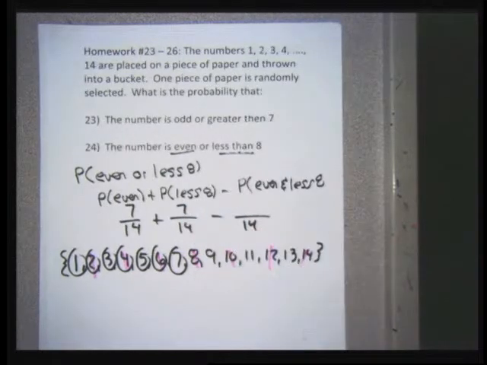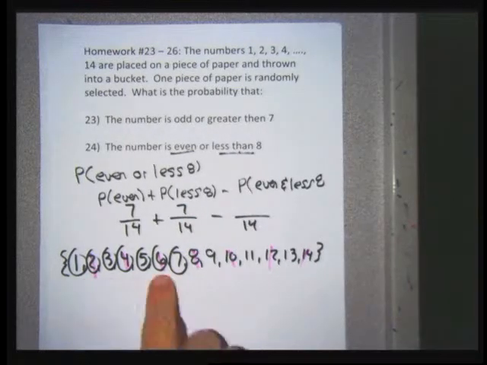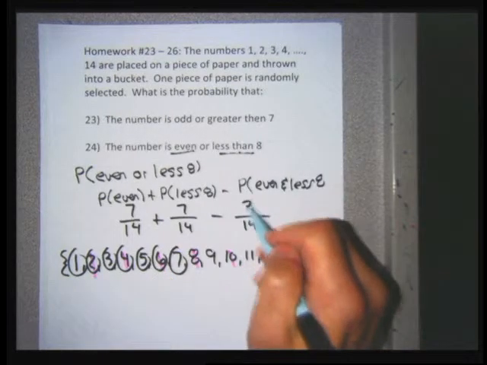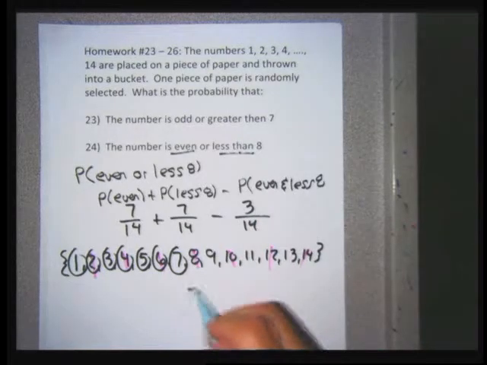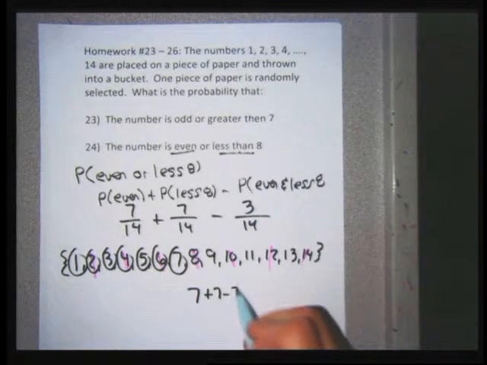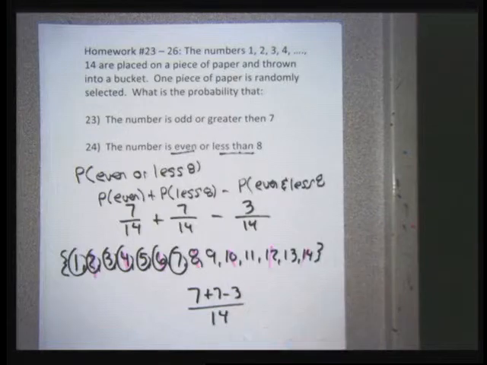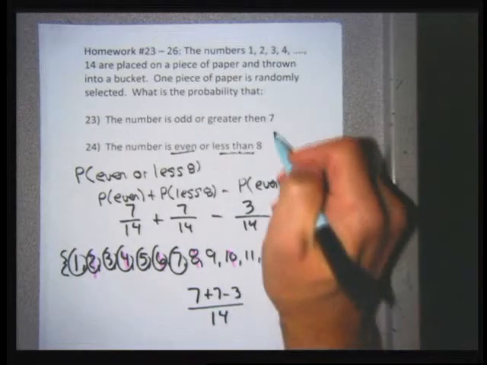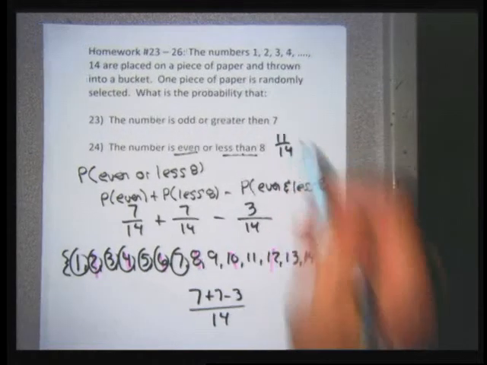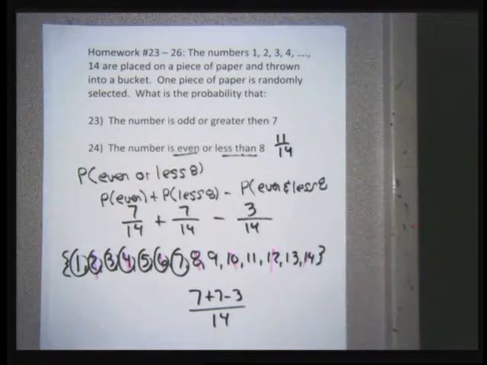And then for the both, the 2, the 4, and the 6 have both circles and pink highlights, so they classify as even and less than 8. I'm going to subtract those out. And now I'm going to go 7 plus 7 minus 3 over 14. That's 11 over 14. I can do that without my calculator. So the answer to 24 is 11 over 14.